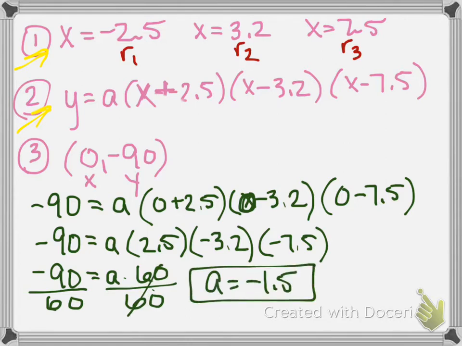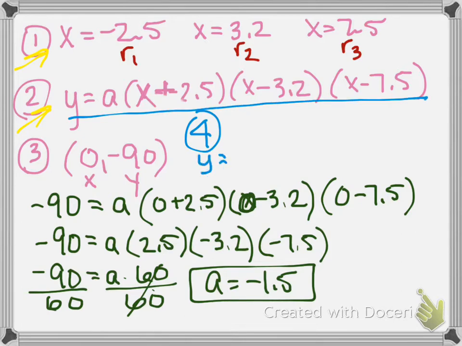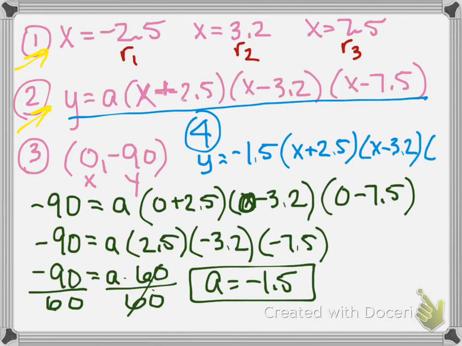So now for step 4, I'm going to squeeze it in here. So step 4, we take the equation from step 2 and just put in a. So we get y equals negative 1.5 times x plus 2.5 times x minus 3.2 times x minus 7.5. And I went off the screen.